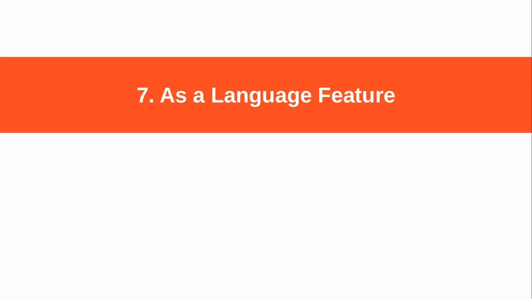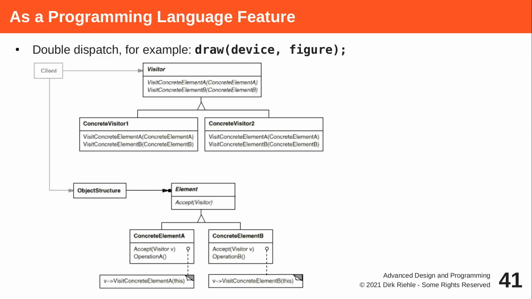Finally, design patterns over time either become language features or could become language features. Sometimes they're already there, and that means that some of these elaborate designs from the design patterns book, and the key example is the visitor pattern, is simply present in a very easy way in a given programming language.